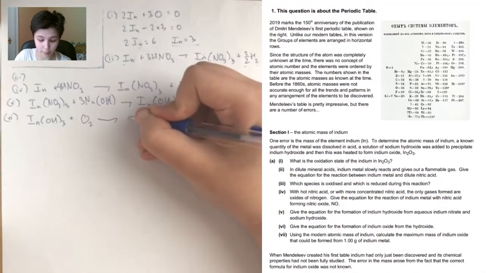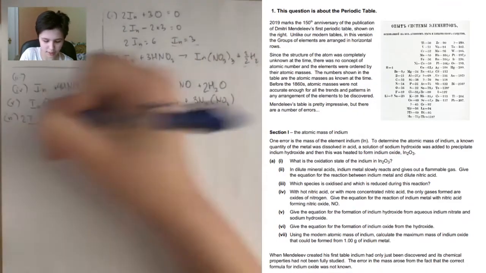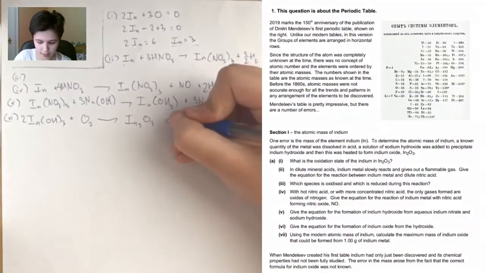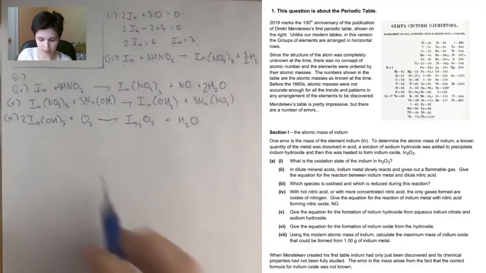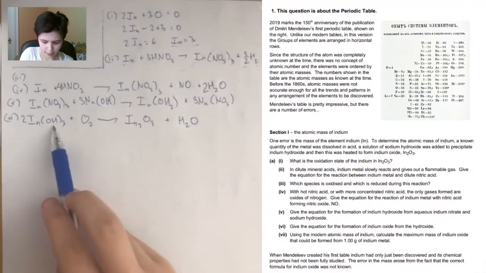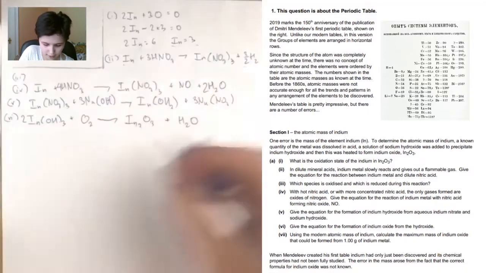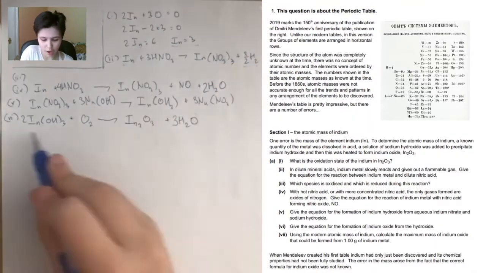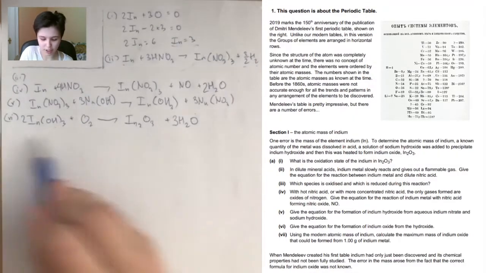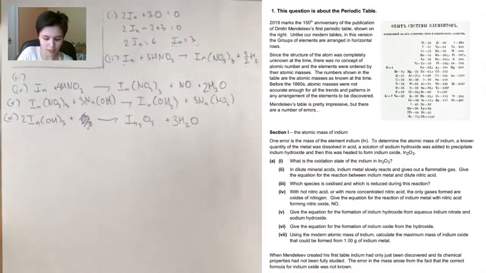Then In2O3, so I'm just going to add another indium here, plus H2O, and if I add the correct number of hydrogens, that gives me 3H2O. I actually find that the equation is balanced without the extra oxygen. I'm going to get rid of that one.